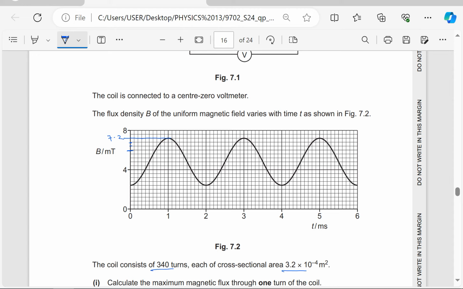Okay, let's see, where should I expect the maximum gradient? Let me choose a very convenient point, for instance, where the graph crosses. I think this is a convenient point for the tangent to the graph.